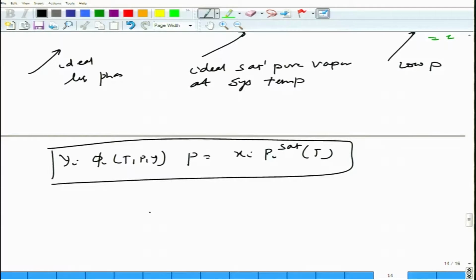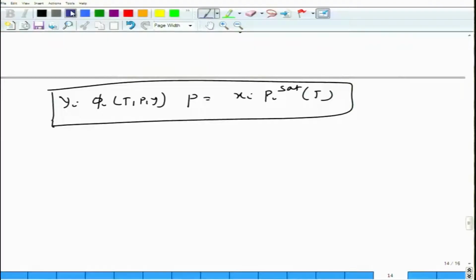Now, what else can we find out? We have to find out phi_i. So, we can avail the expression which we have written for fugacity, related to the volumetric partial molar volumes. We can write down the following expression.